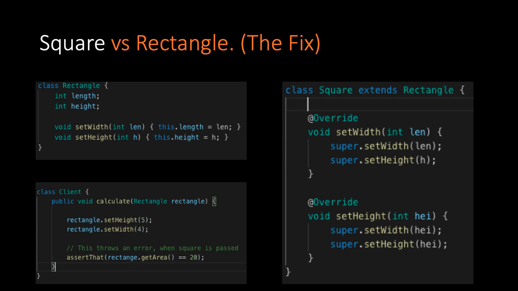And hence, when you try to get the area, you don't get it as 20, which is expected, but you get it as 16, which is 4 into 4. Now, with this new implementation, your method does not return the expected result. And you see how this square class is not substitutable in place of a rectangle. Hence, these two classes are violating the Liskov substitution principle.